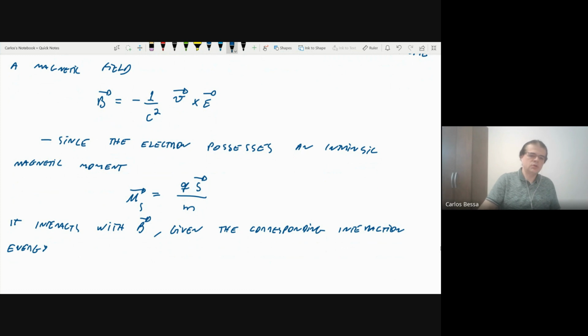So this energy, the energy of the interaction that we are calling the Hamiltonian, is given by this scalar B. So this is the spin interacting with the magnetic field.